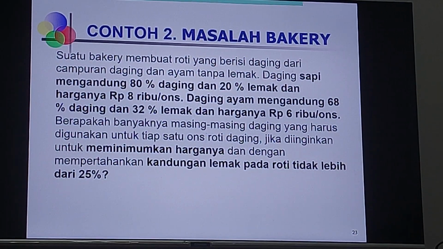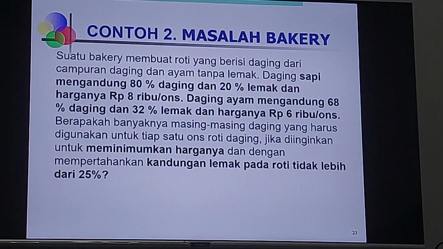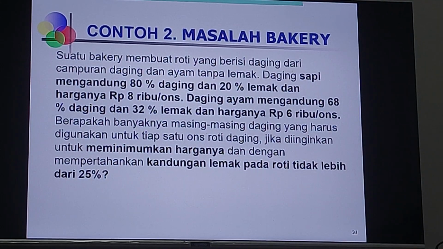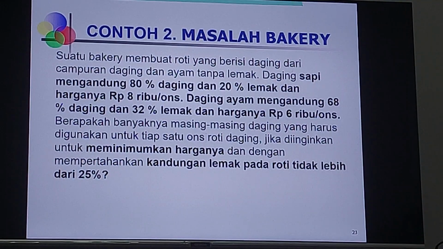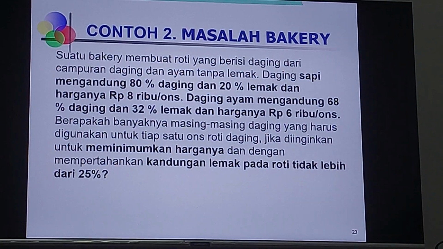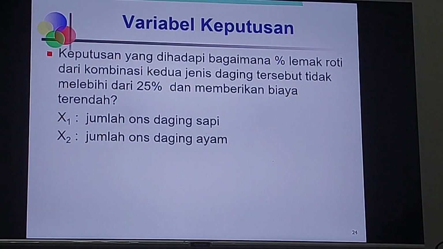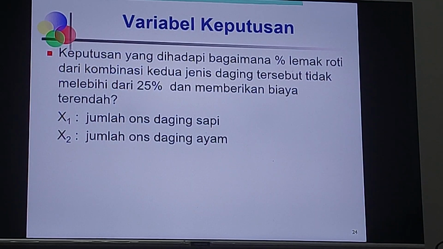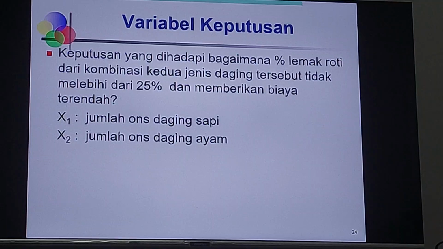That's the question, so that should be the variable as well. The variable should be how many ounces of beef and how many ounces of chicken. X1 is ounces of beef, and X2 is ounces of chicken. Right? And speaking of ounces, it doesn't mean 1 or 2 ounces, it's 0 point something. It should be less than 1 ounce.